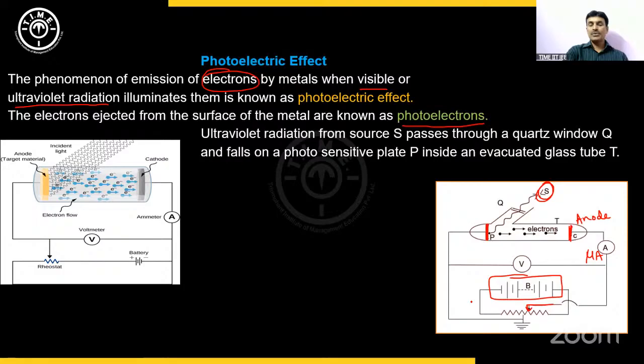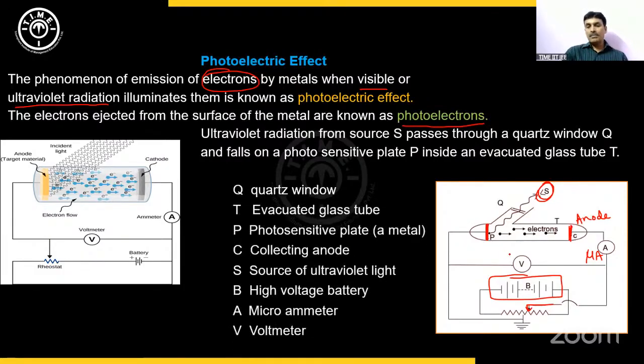So these are the different parts. The metal plate which emits the photoelectrons and the anode plate which collects the electrons are enclosed in an evacuated glass tube.